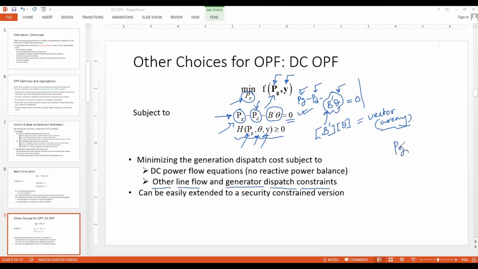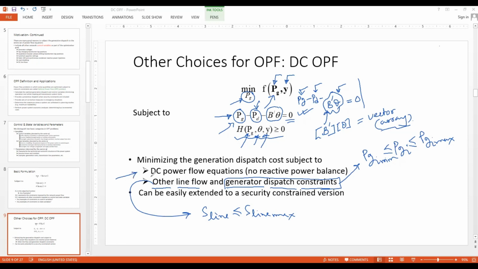Means PGi, again, like the conventional ELD, PGi should be lying in between PGi min and PGi max. This is about the generation dispatch constraints. Line flow constraints, S line should be less than S line max. And these are about the inequality constraints.